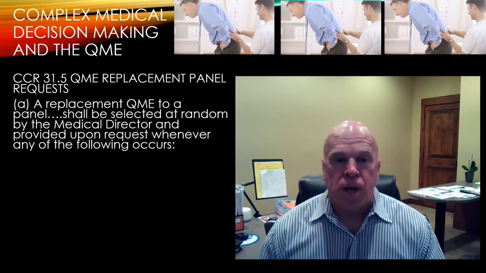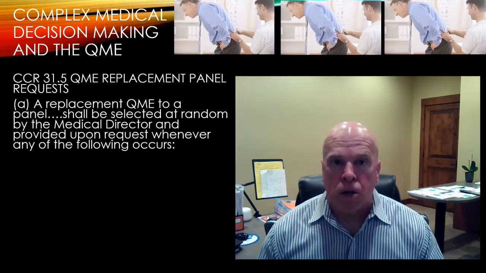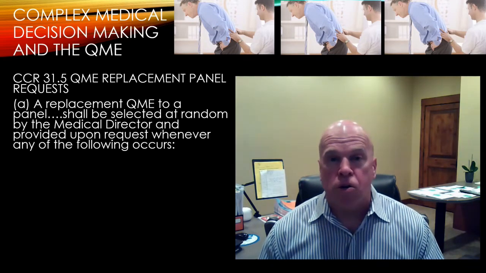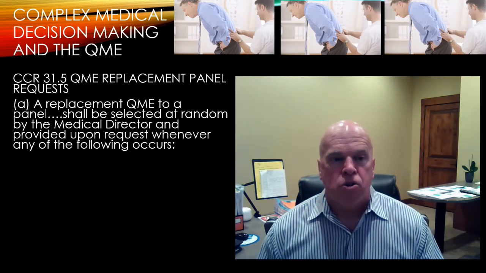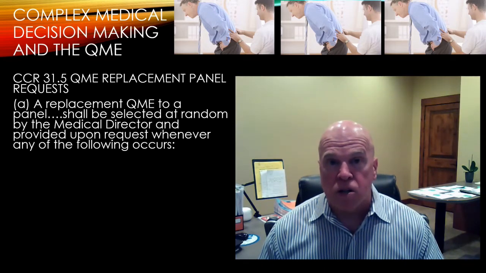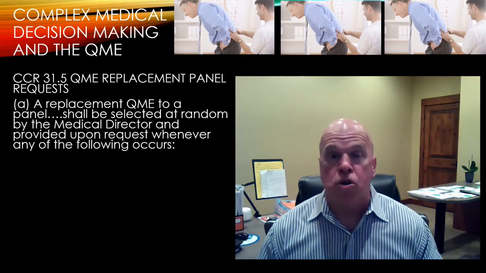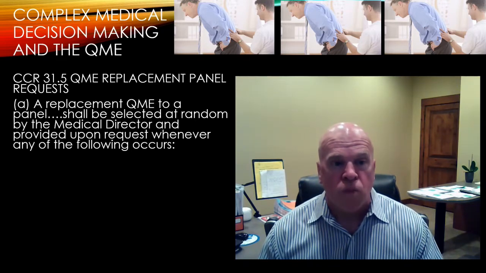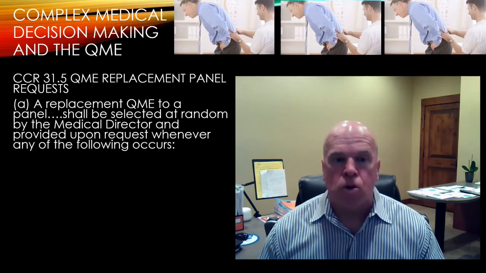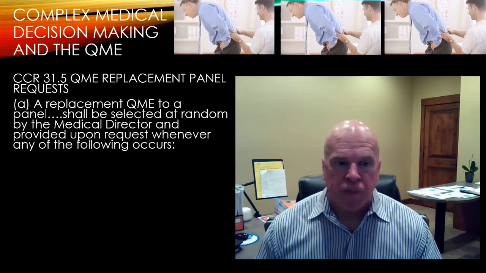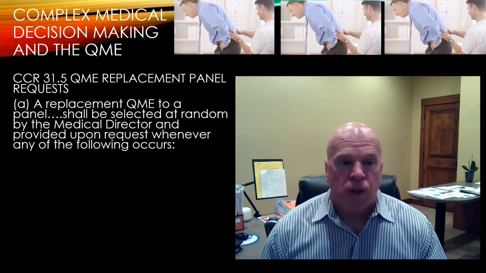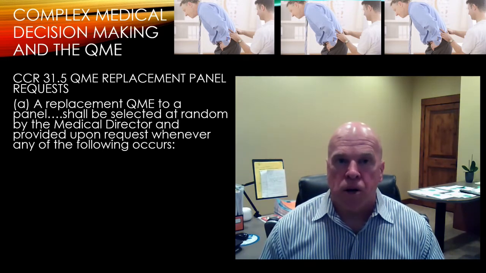So QME replacement panels are issued and determined to be necessary under CCR 31.5. Let me just read to you the section of this code of regulation that was applicable in this particular circumstance. Section A tells us a replacement QME to a panel shall be selected at random by the medical director and provided upon request whenever any of the following occurs.